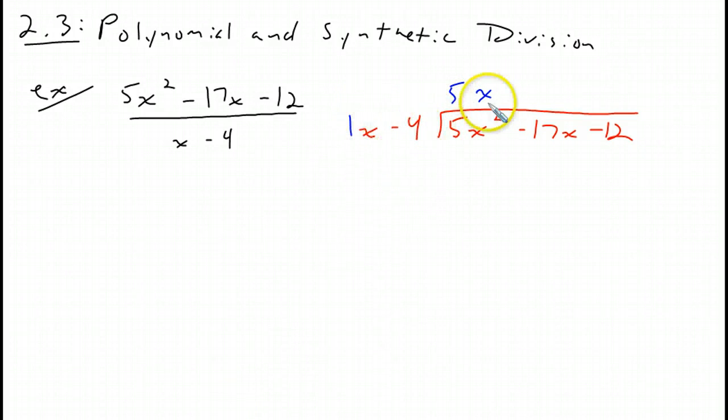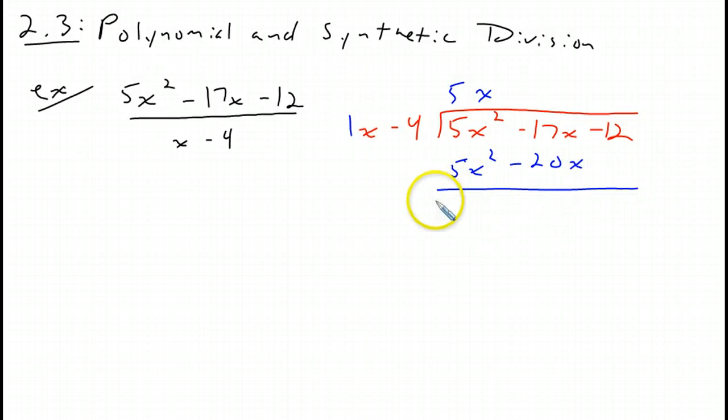Now I'm going to take whatever I have up here and multiply it by everything on the outside. So it'll be 5x squared and then minus 20x for that term, just like I did in long division. We had a 3 out there, so we multiplied it by whatever was up there. This time I'm multiplying it by the entire x minus 4 to get this next line.